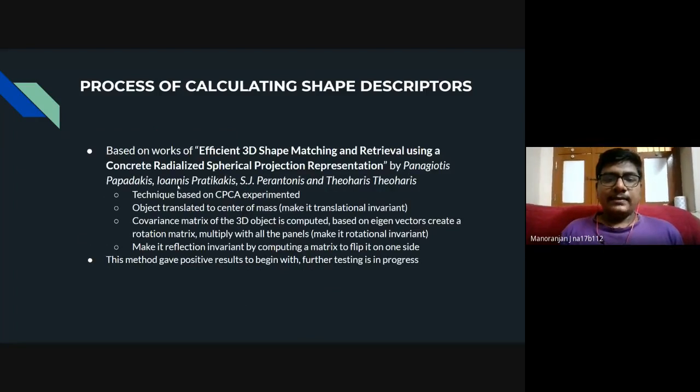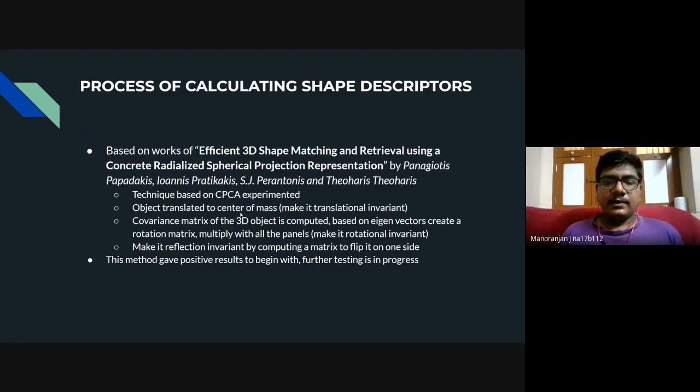Looking at that, I was able to find a research paper on efficient 3D shape matching and retrieval using a concrete radialized spherical projection representation. In this paper, they introduced something called CPCA, which means continuous principal component analysis. Whatever they suggest is on the original 3D object.